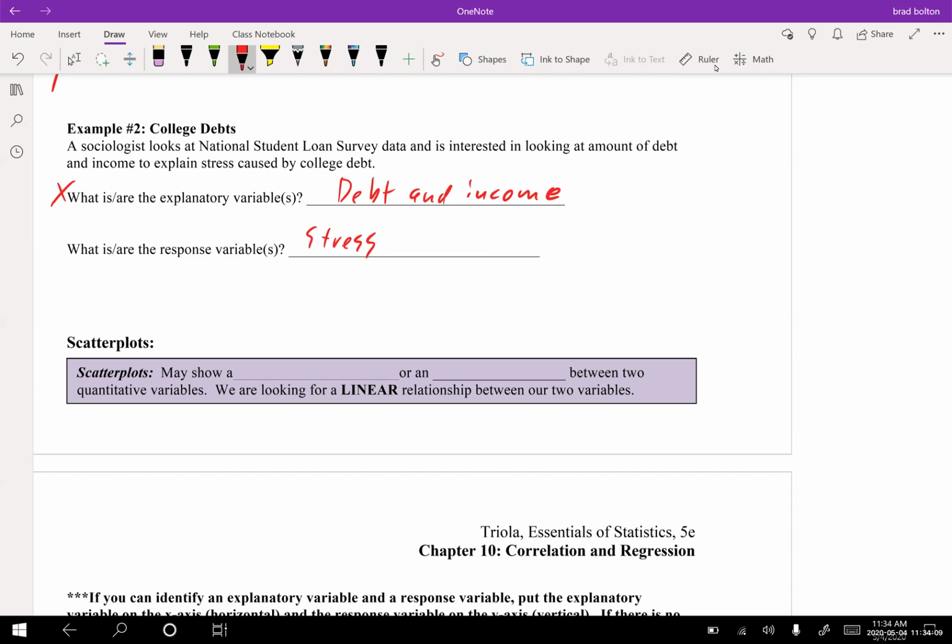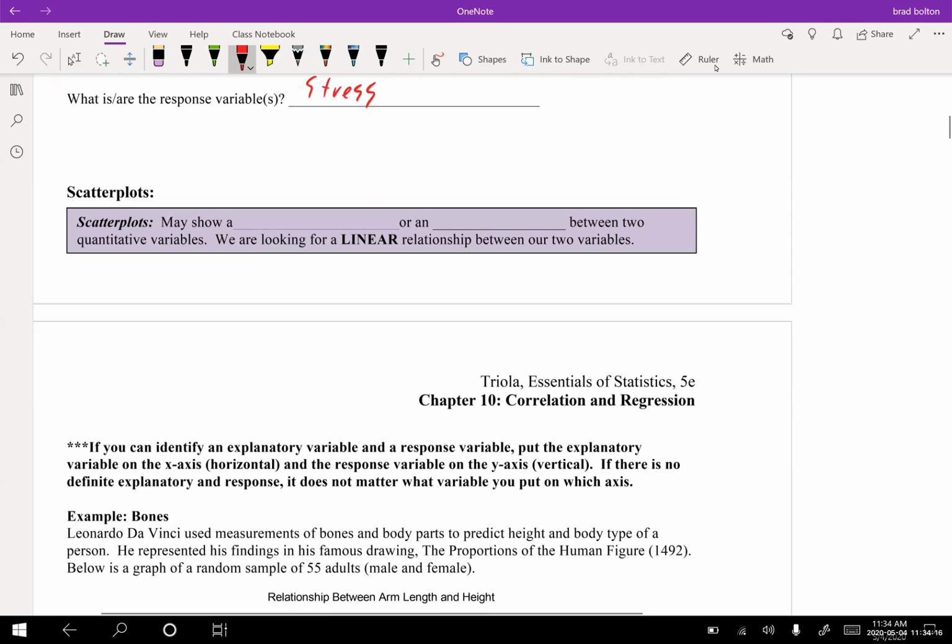Something that we're going to talk about. So a scatter plot may show a linear correlation or a non-linear correlation between two quantitative variables.